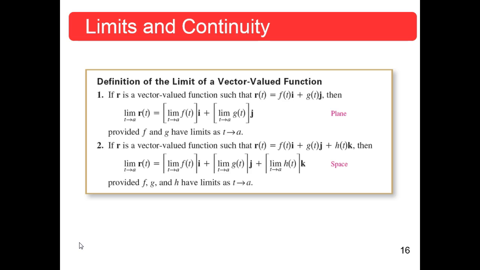See what happens. If you wind up getting something undefined, then the limit doesn't exist. It's going to blow up somewhere. Okay? Or possibly have a hole in the function or something like that. But most of the time, if the limits exist, it will be fine. It's only if it's blowing up, going to positive or negative infinity in one of those areas, then the whole thing falls apart.